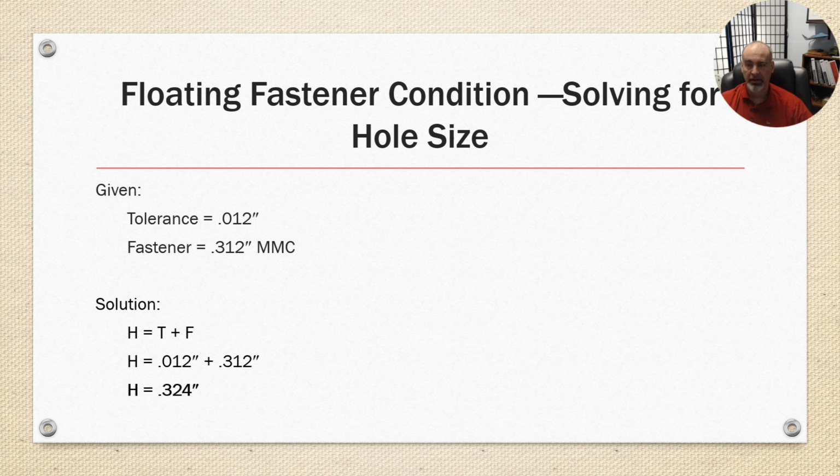So you're just calculating it backwards from the hole size with this method, and they use the same values in the example, so you arrive at the same position tolerance. This is what your hole size would need to be based off the fastener being 312 thousandths and a desired position tolerance of 12.